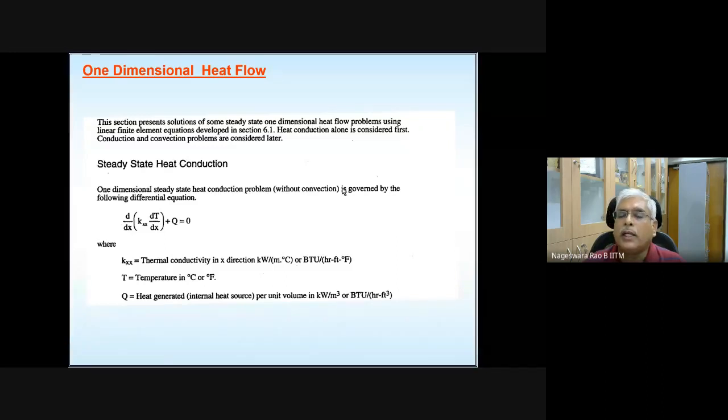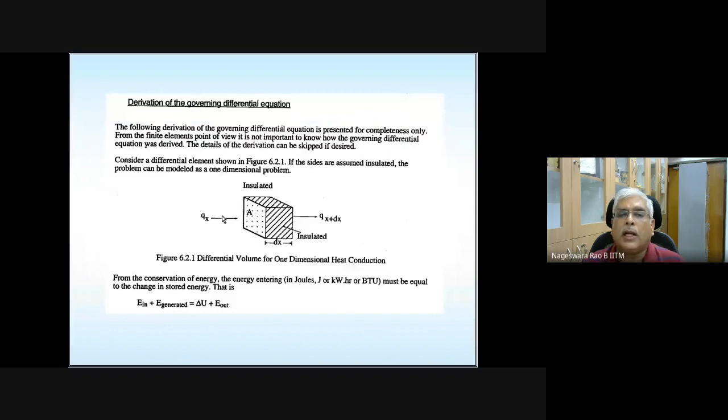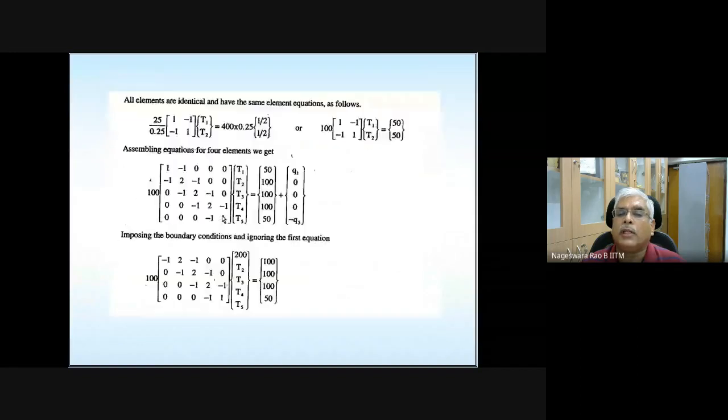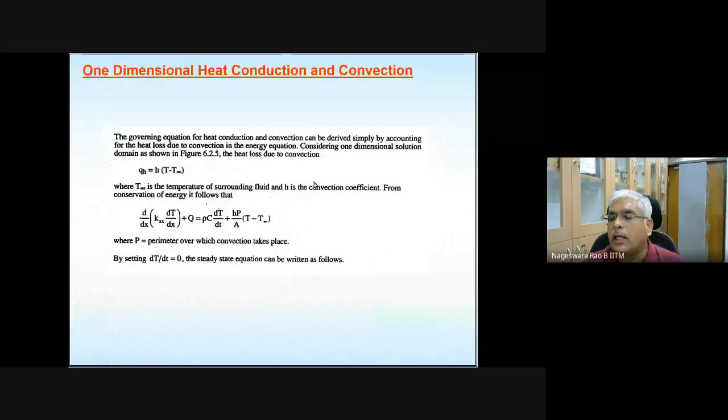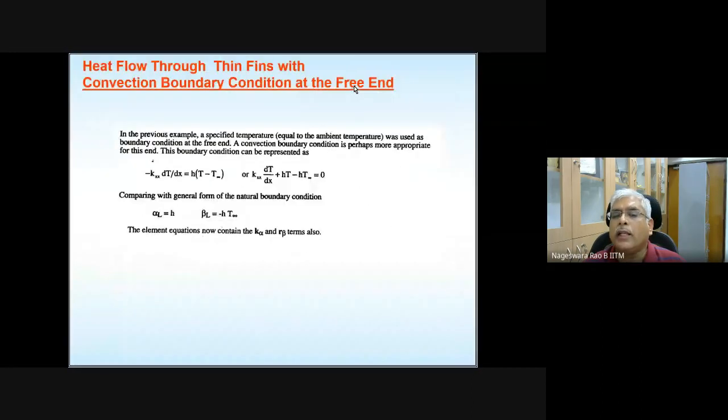Once we develop the element equation for a general boundary value problem, you can apply it to a one-dimensional heat flow problem. You only need to compare how this differential equation looks with the general boundary value problem differential equation, and then get the corresponding quantities and the element equations. That is conduction alone, and this is conduction-convection. I'm going to quickly show you this.